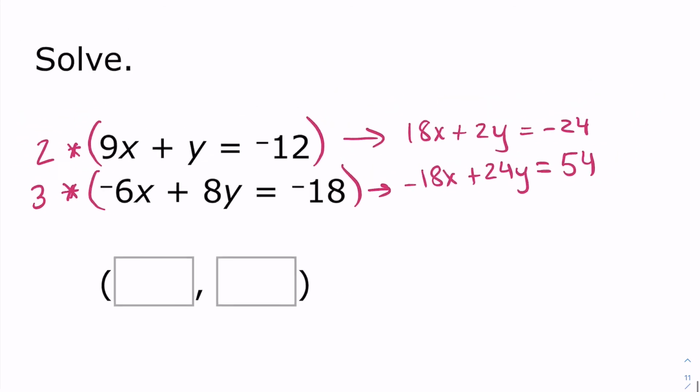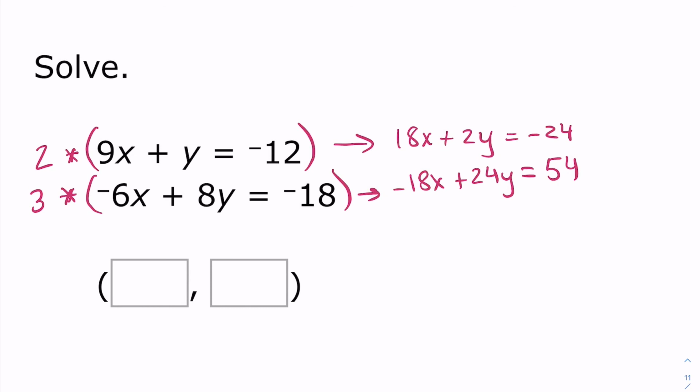Wait a minute. Let me just make sure I did this right. 9 times 2 is 18. 2 times 1 is 2. 2 times negative 12 is negative 24. 3 times negative 6 is negative 18. 8 times 3 is 24. And 18 times 3 is 54.